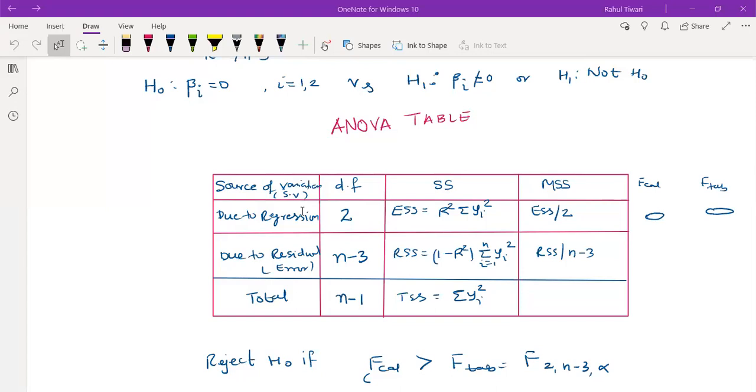That's why it is named ANOVA, analysis of variance. So variation is split. Are you getting it? Here you are not even testing for the mean. Here you are testing for betas, but still we write ANOVA. Right? So that is one thing I just wanted to detail.